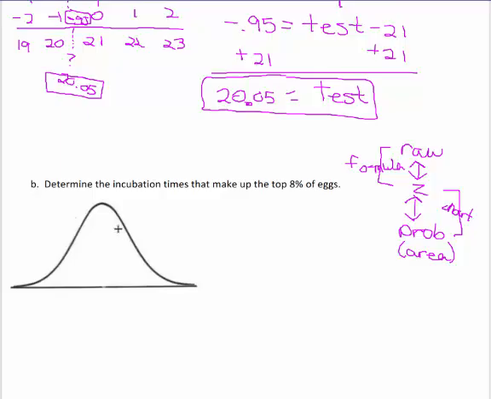It says determine the incubation times that make up the top 8% of the eggs. Okay, so let's draw our normal z-scores. So they're just going to be 0, 1, 2. You can put it on the other side, but we're not really dealing with this side on this problem. Okay, so where would 8% be? I'm not quite sure.